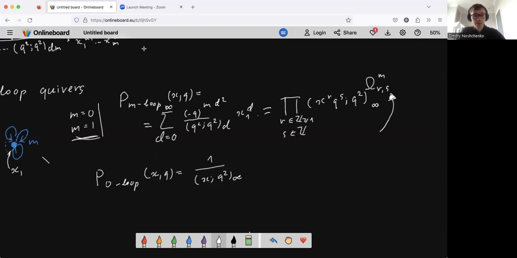I forgot to define this infinite q-Pochhammer, but it's an obvious thing. We have x q^n, just as a product for k.